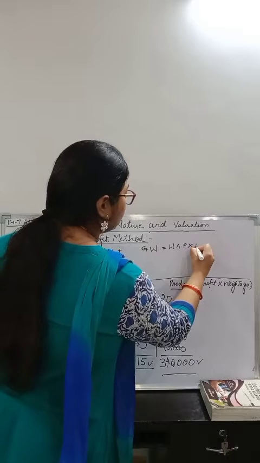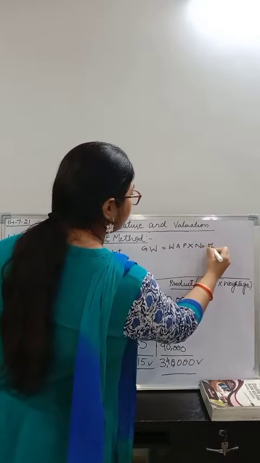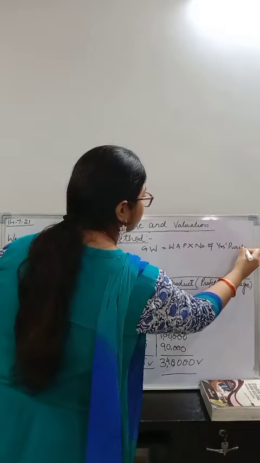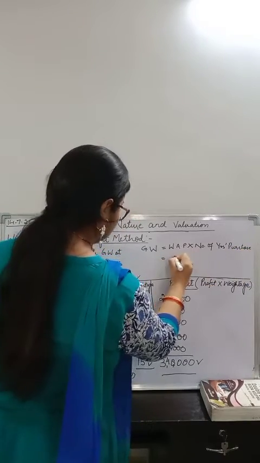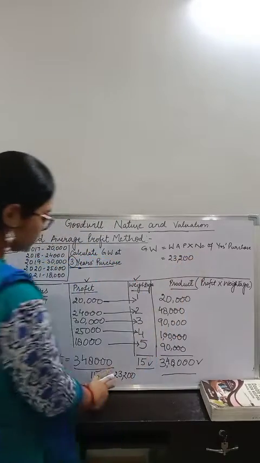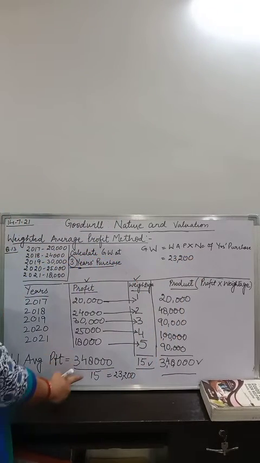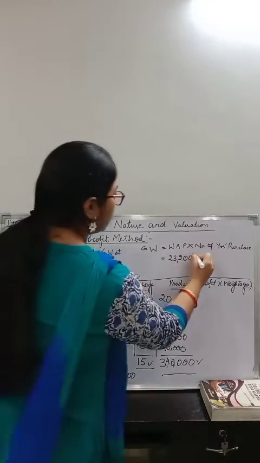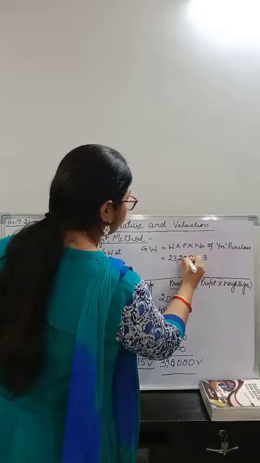So 23,200, which is 3,48,000 upon 15, multiplied by 3.